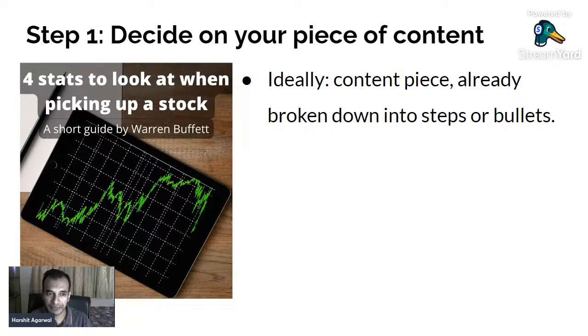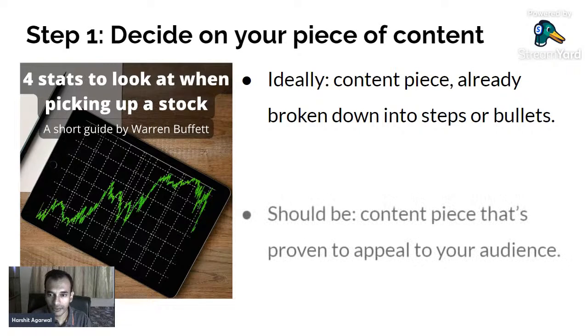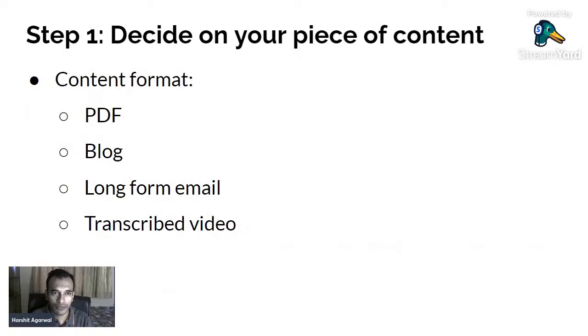And then the user clicks on a button and moves forward. That's how we deliver the content conversationally, and in several steps. At every step, the user engages with the content and learns. And this content should be something that has already proven to appeal to the audience. And this content could be in any format.